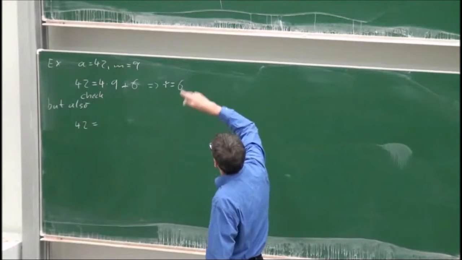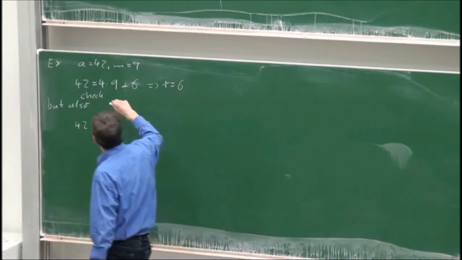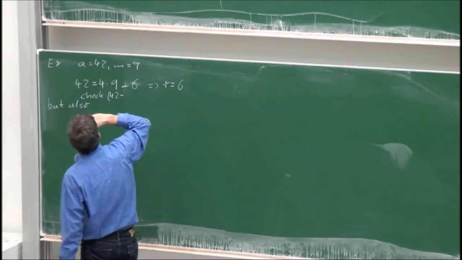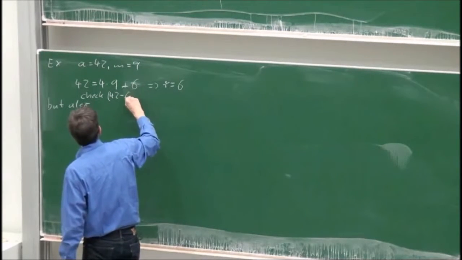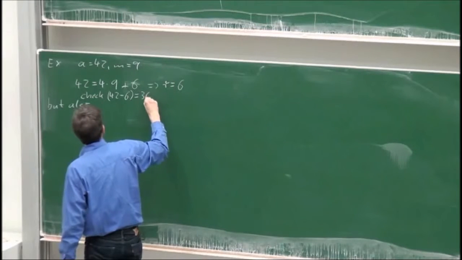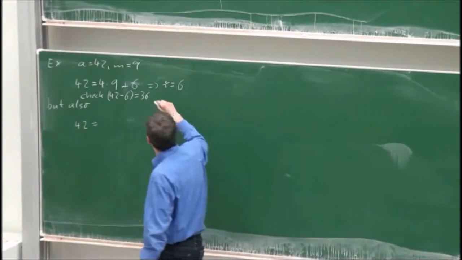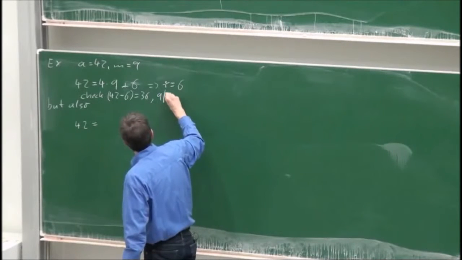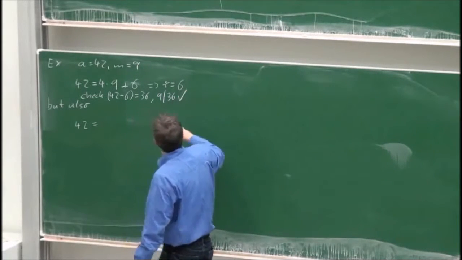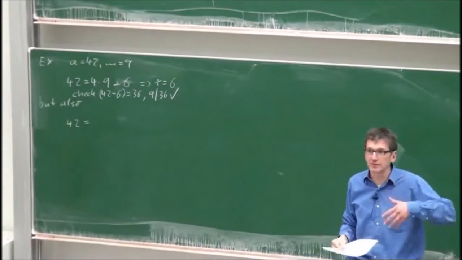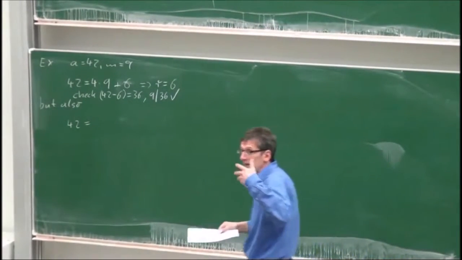So we take a minus r, we take 42 minus r minus 6 is 36, right? And now what we have to do, we check 9 is, of course, divisible by 36. Everything's fine. Okay, so again, this was really easy and obvious.